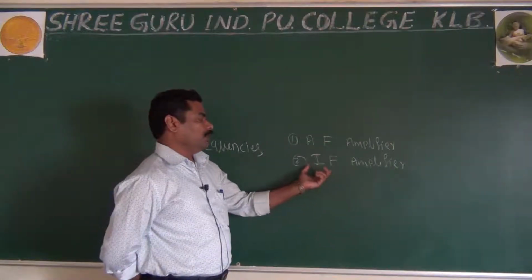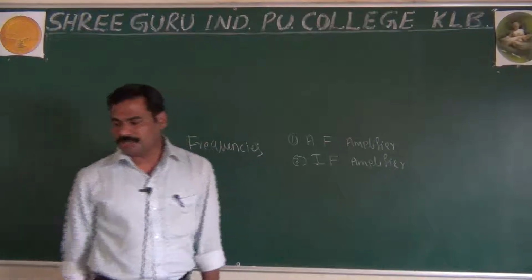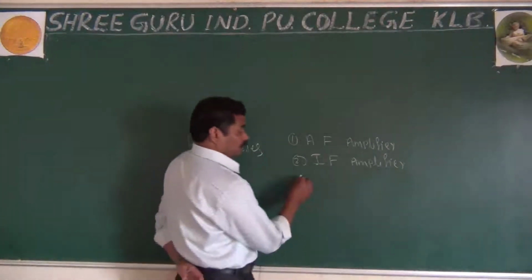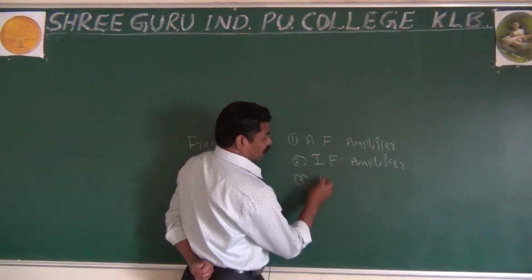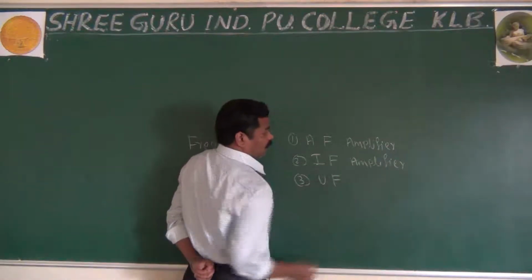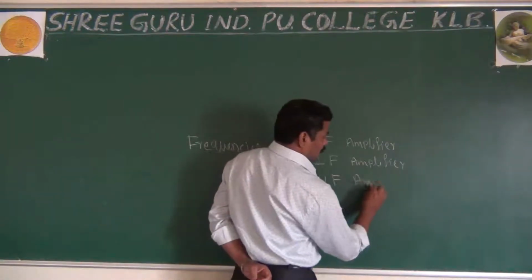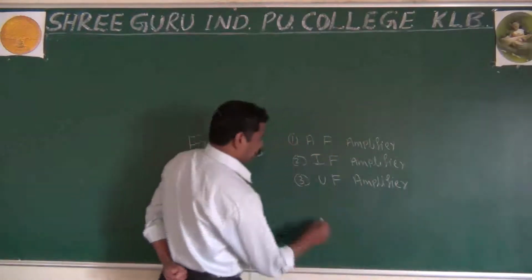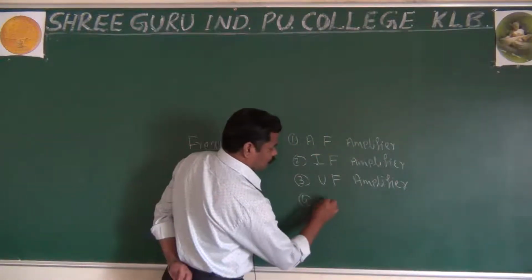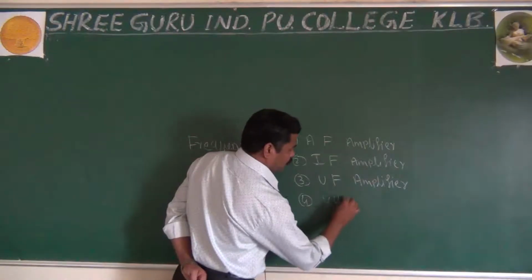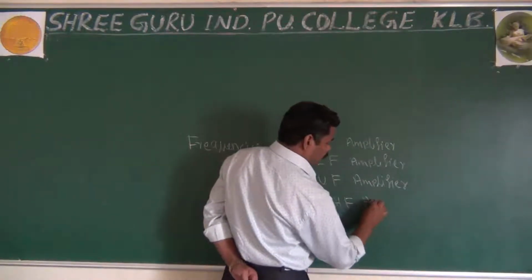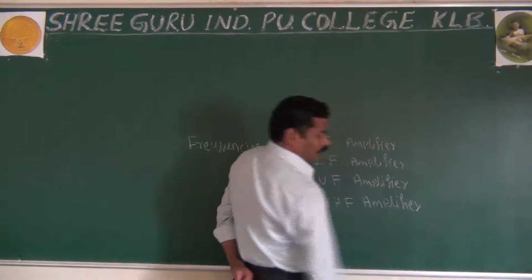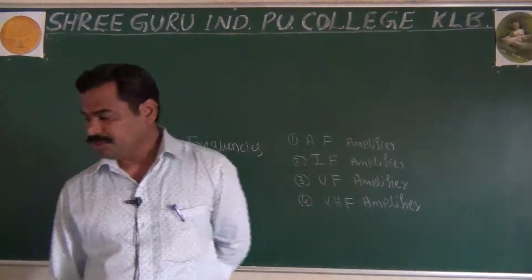IF is intermediate frequency amplifier. Then you are having UHF, ultra high frequency amplifier. And also the fourth one, very high frequency amplifier.